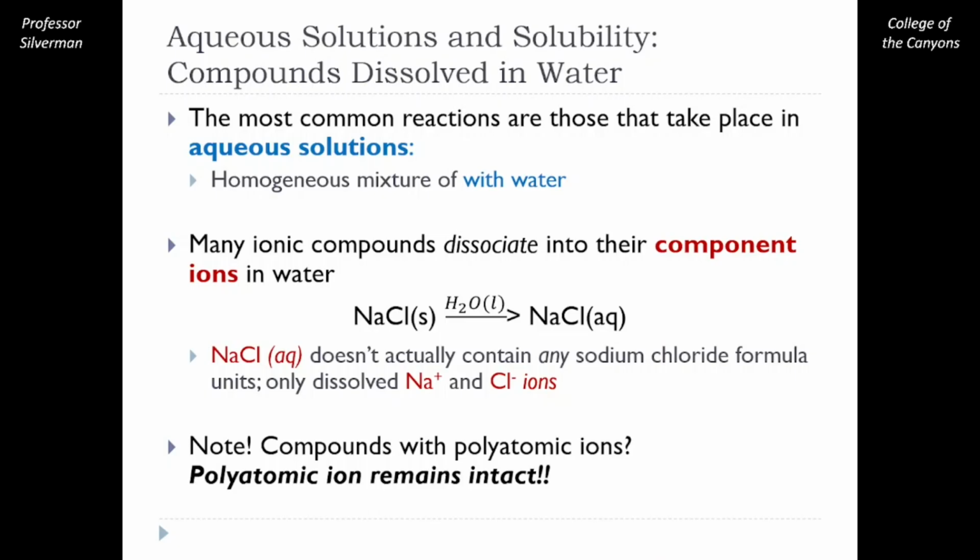A difference between ionic and molecular compounds is that ionic compounds dissociate into their component ions when they dissolve in water. As a solid, NaCl has this repeating crystal structure of sodium ions and chloride ions. But when it dissolves, those ions are broken apart and we are left with those individual ions floating around, separated from each other.